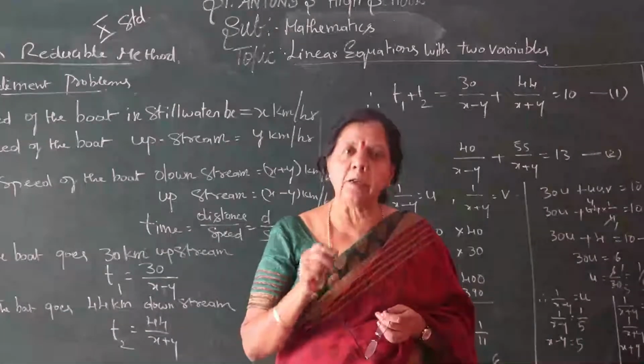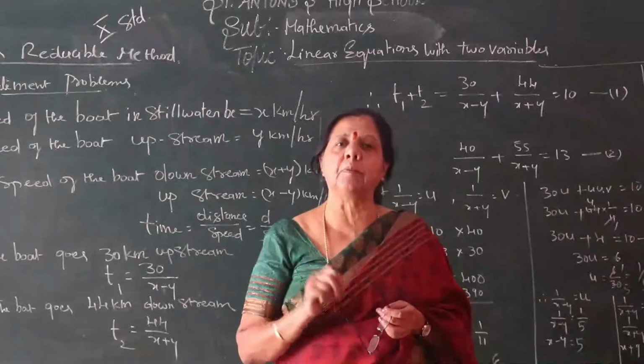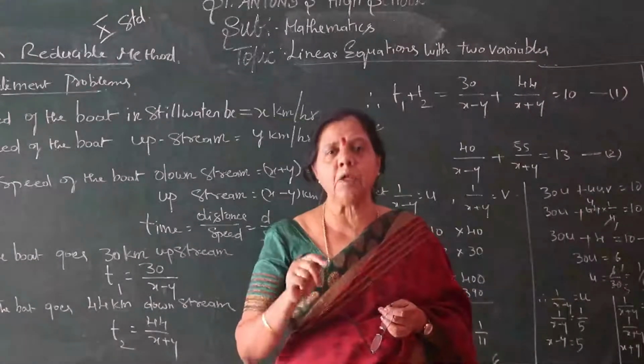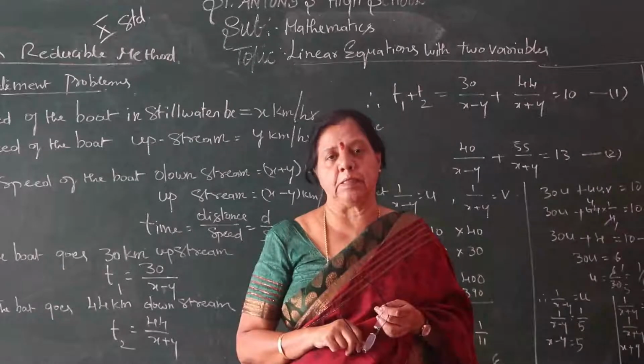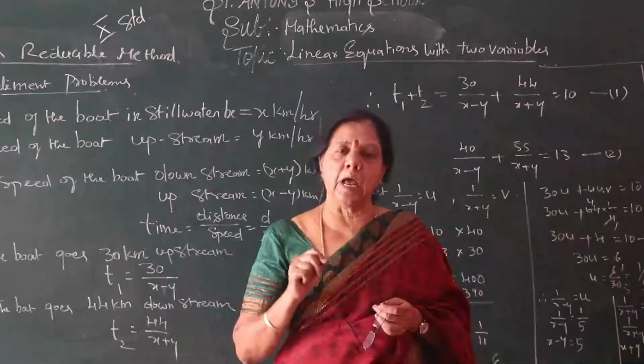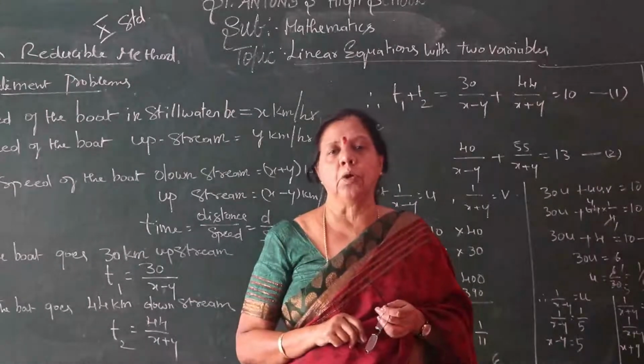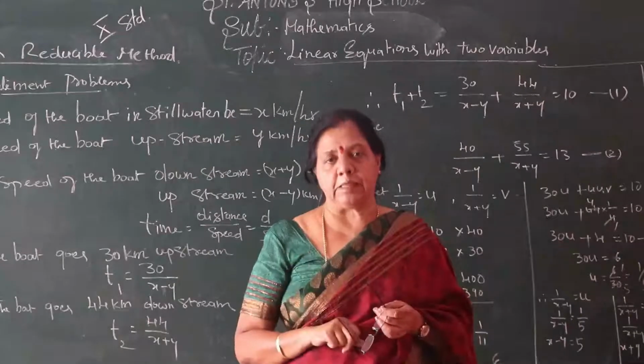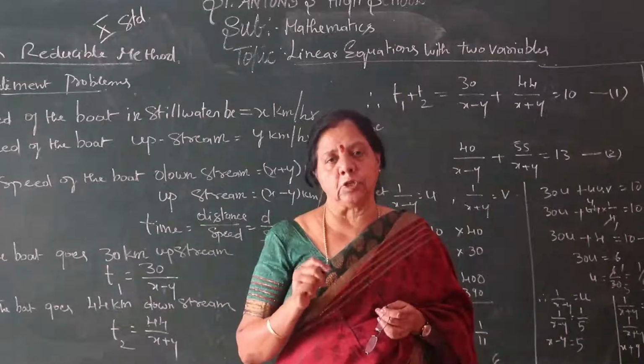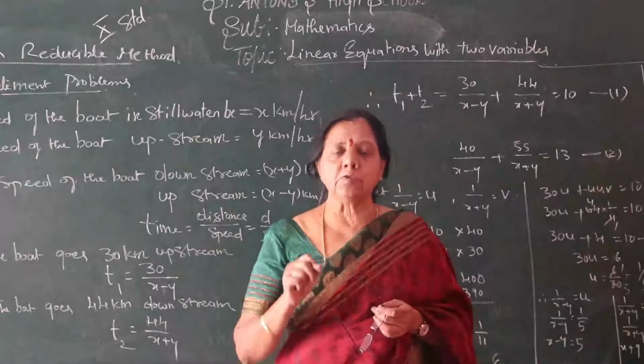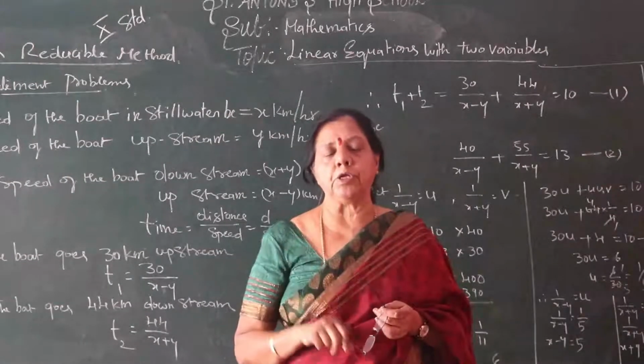What you have done in equations reducible problems will be repeated in the elimination method. And at the last I am going to teach you about the graphical method. By that time the chapter will be over. So now statement problem I am going to teach you.